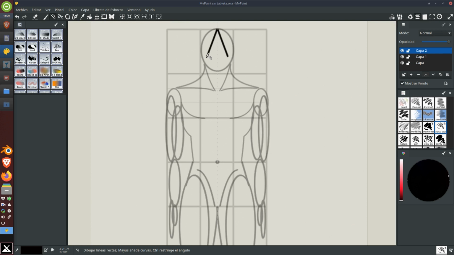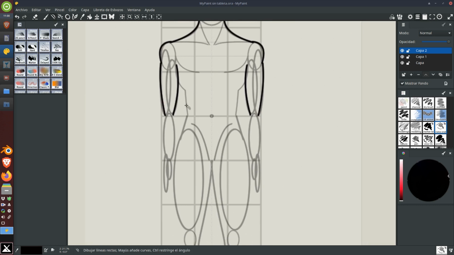So from here on I said shift, nice. From here to there again, shift. From there to here, shift. From here to there again, I just only have to try to follow the same curves that I had before.